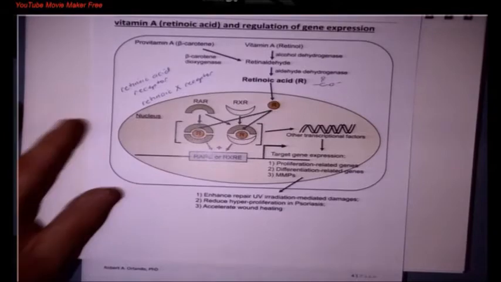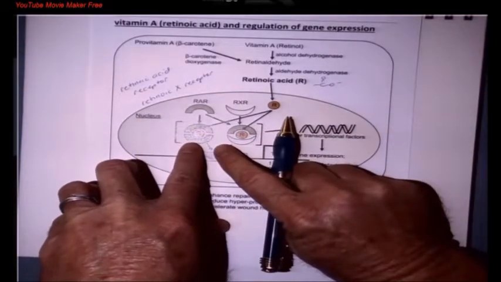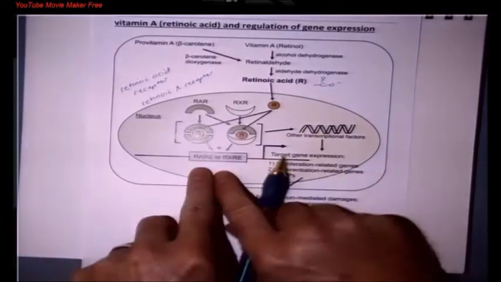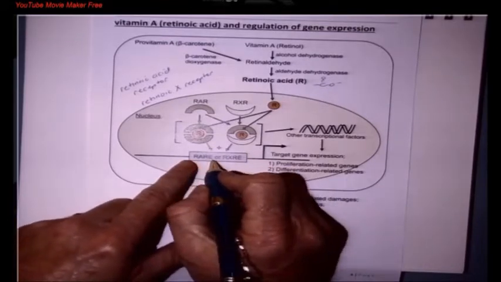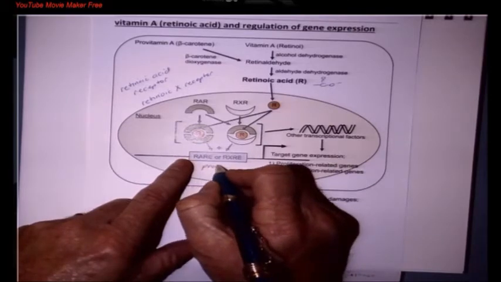So retinoic acid is going to be binding to these transcription factors, and when it binds, it becomes an active transcription factor, and now it can bind down to the promoter, which is the RAR element, the retinoic acid receptor element. So this is our promoter sequence.